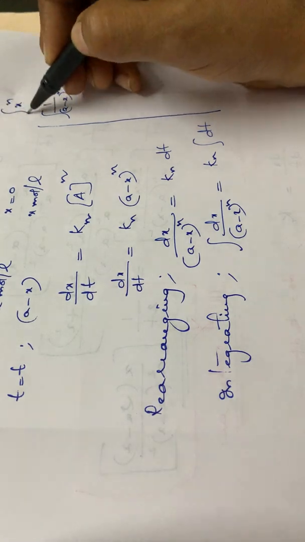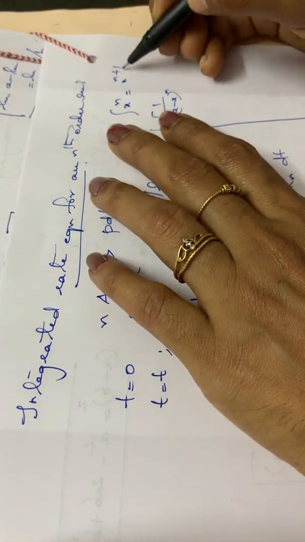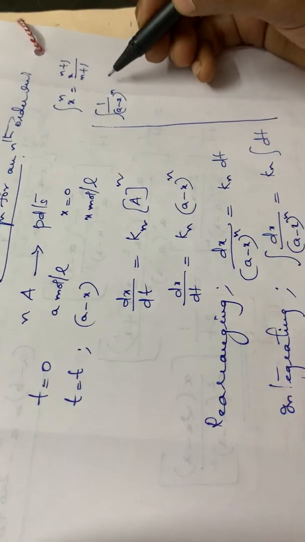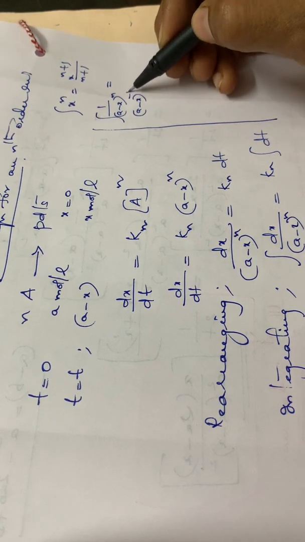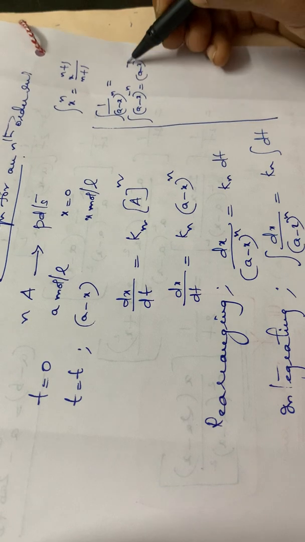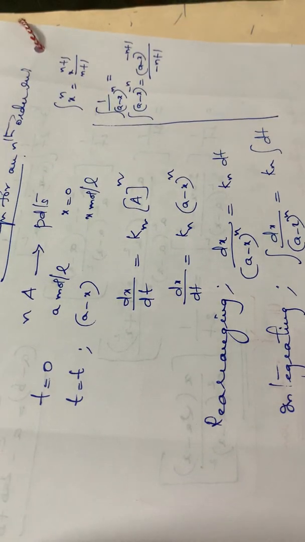Again, the integral of x raised to n is equal to x raised to n plus 1 divided by n plus 1. Okay, so this is equal to (A minus x) the whole raised to minus n. So the integral is (A minus x) the whole raised to minus n plus 1 divided by minus n plus 1.